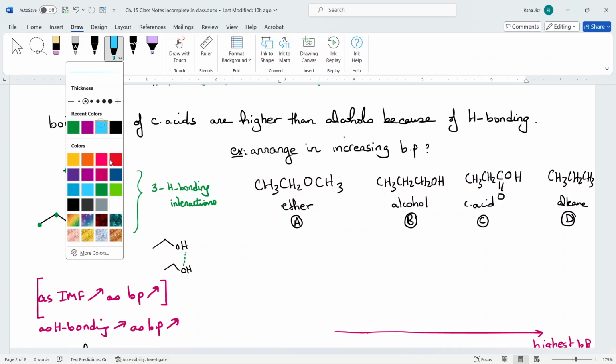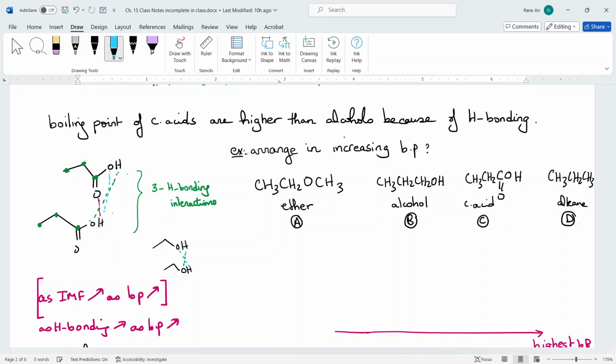So I have 2 hydrogen bonding interactions versus 3 hydrogen bonding interactions. The more hydrogen bonding your functional group does with another functional group, the higher the boiling point.